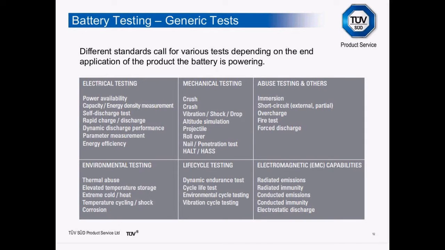But for more complex battery packs, such as ones used in electric vehicles, more stringent and detailed EMC tests are required, such as radiated immunity and emissions. So does it generate emissions? Is it immune to the surrounding emissions that might be present in the car, which can be quite complex?